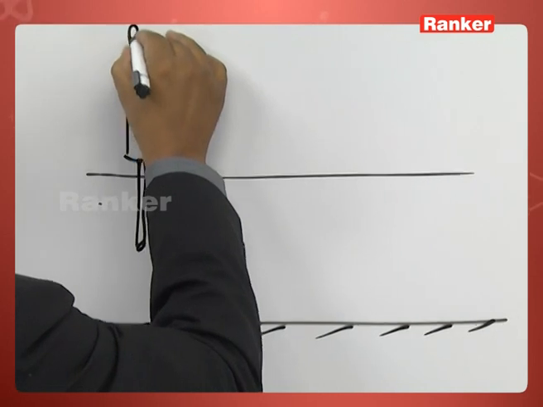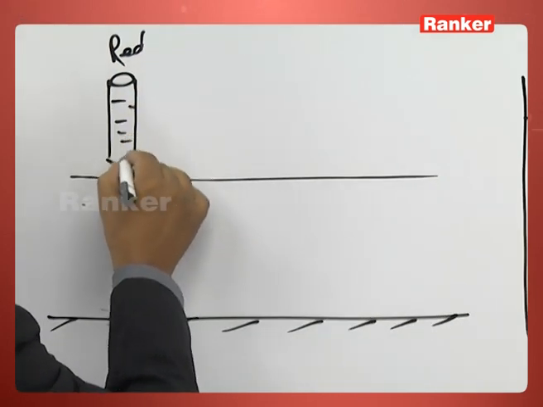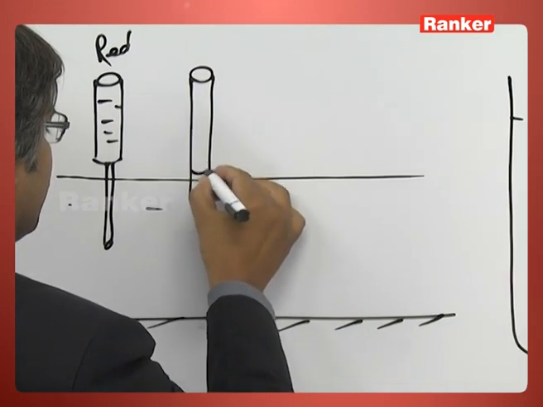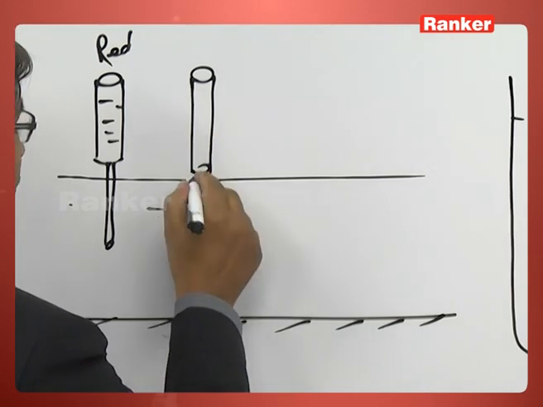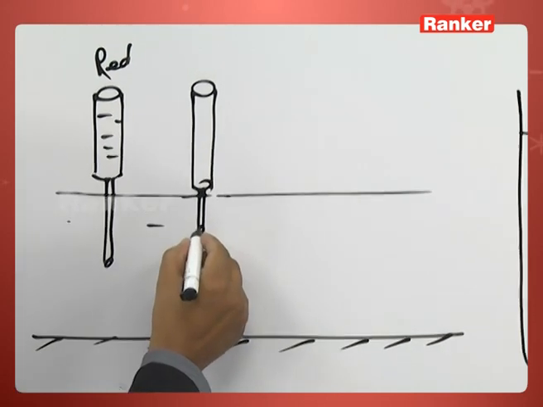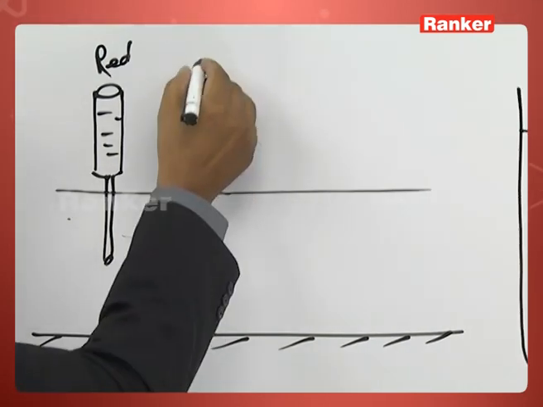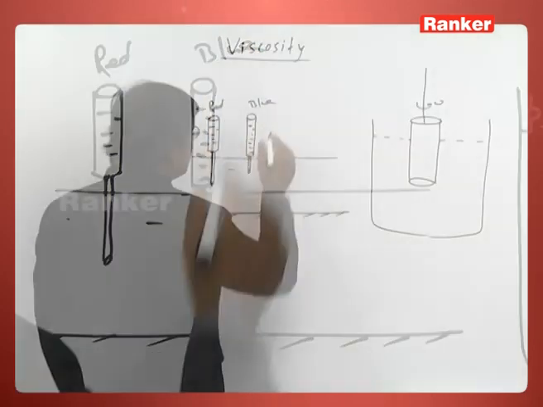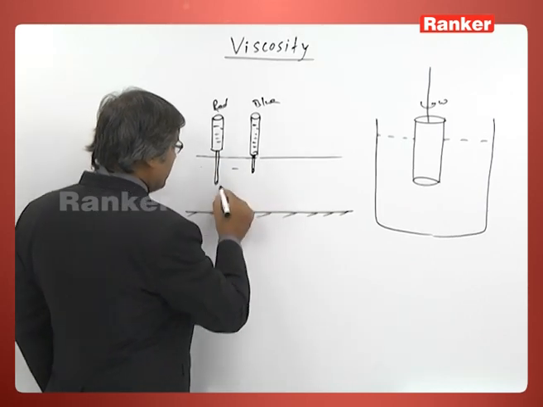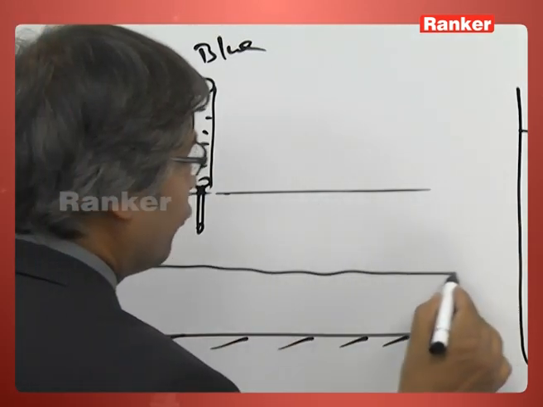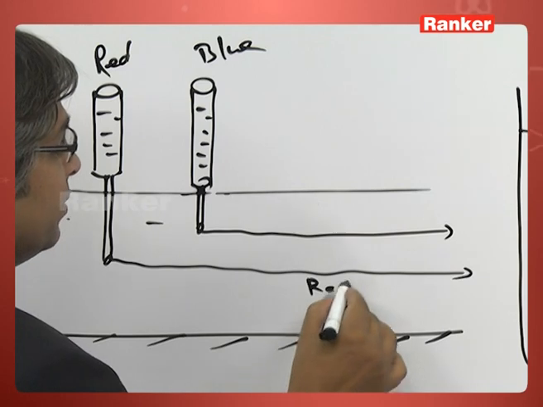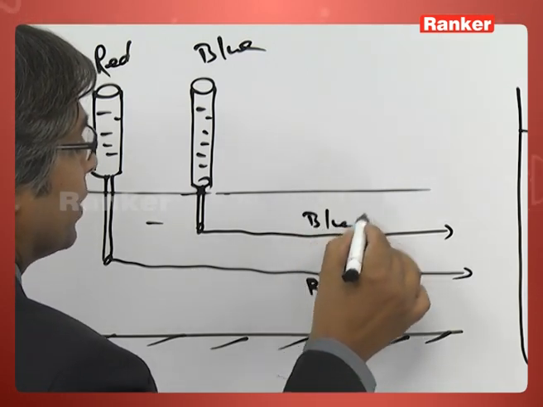So, when I put a red ink here and I put another syringe here with a different color, suppose blue. By releasing small amounts of ink when the liquid is flowing, I observe that this forms a filament and this forms a filament. So, this is a red line and this is a blue line.